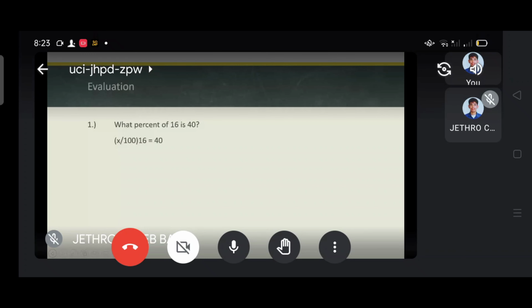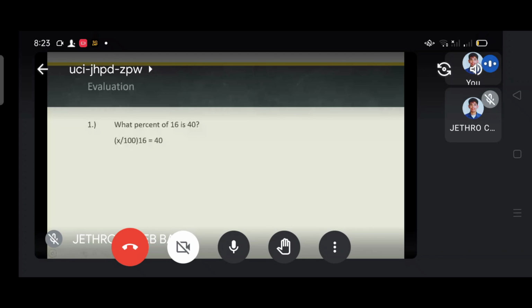Kapag hindi, kapag example, nag-add ka ng 2 sa left hand side, and then hindi ka nag-add ng 2 sa right hand side, your equation will be a false statement. Kapag ganon, hindi mo makukuha yung value ng variable na hinahanap natin, which in this case is yung x. So, now, anong gagawin natin dito? Yung 16 over 100, pwede natin kunin yung lowest form niya.